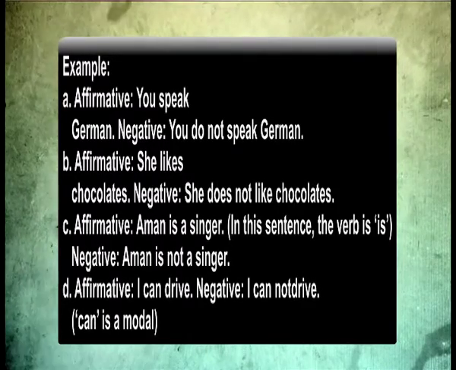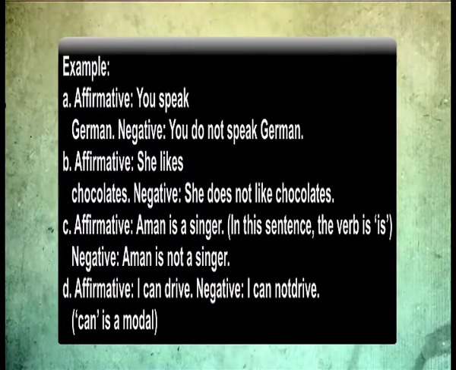Negative of this statement, I cannot drive. Can is a modal. Learners, you need to know more about modals and see the lesson, The Parrot Who Would Not Talk. Do the exercise on your own. You have to change the sentences into their negative form. In the next exercise, you have to change the sentences into their affirmative form.